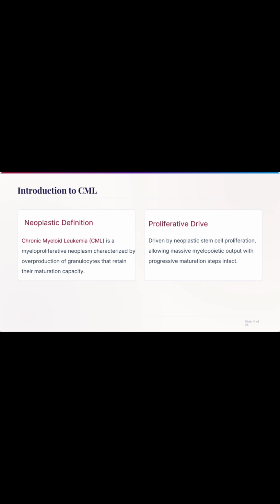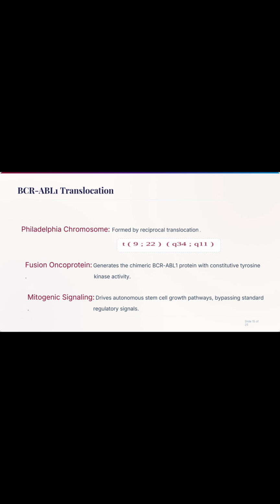Neoplastic definition: chronic myeloid leukemia is a myeloproliferative neoplasm characterized by overproduction of granulocytes that retain their maturation capacity. Proliferative drive: driven by neoplastic stem cell proliferation, allowing massive myelopoietic output with progressive maturation steps intact.